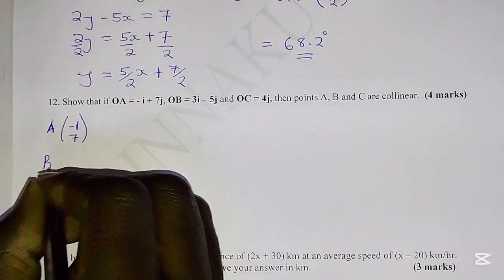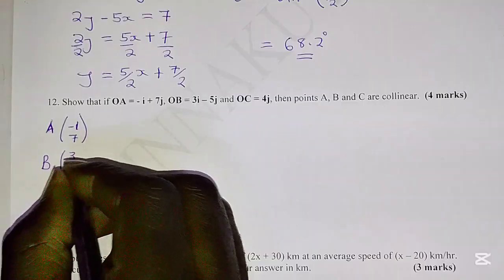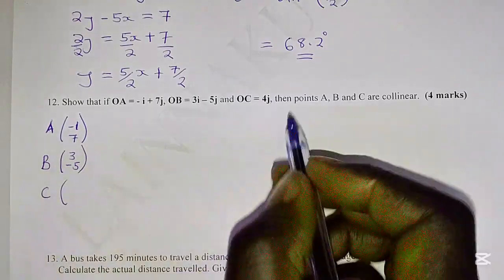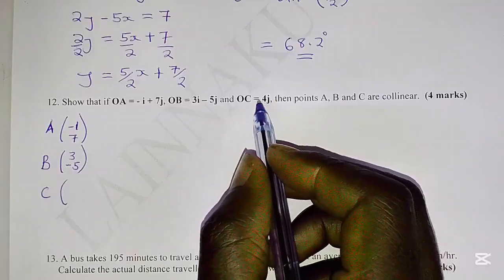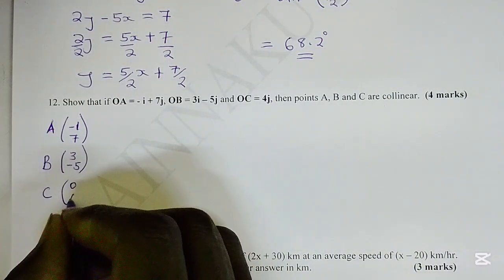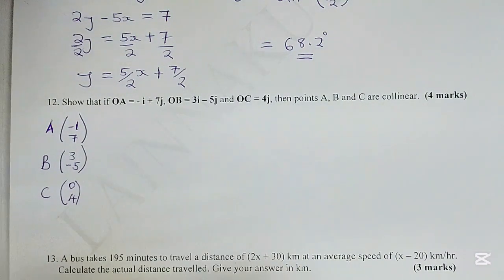Then there is point B. Point B is made up of 3, -5. Then there is point C. Point C has only j, which means i is 0. So it is made up of 0, 4.